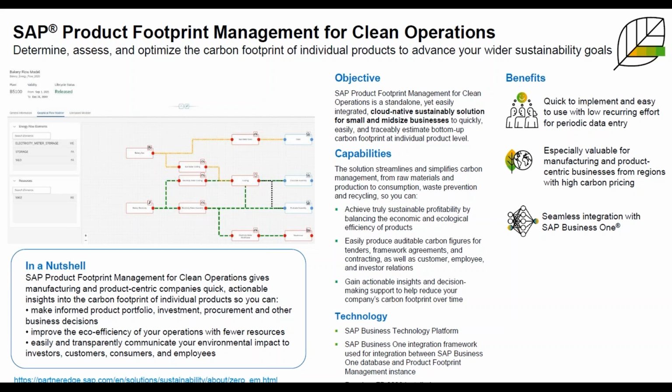So if you're producing goods, what is the carbon footprint of those individual items, assessing it and helping you streamline and understand how you could reduce the carbon footprint of those products.